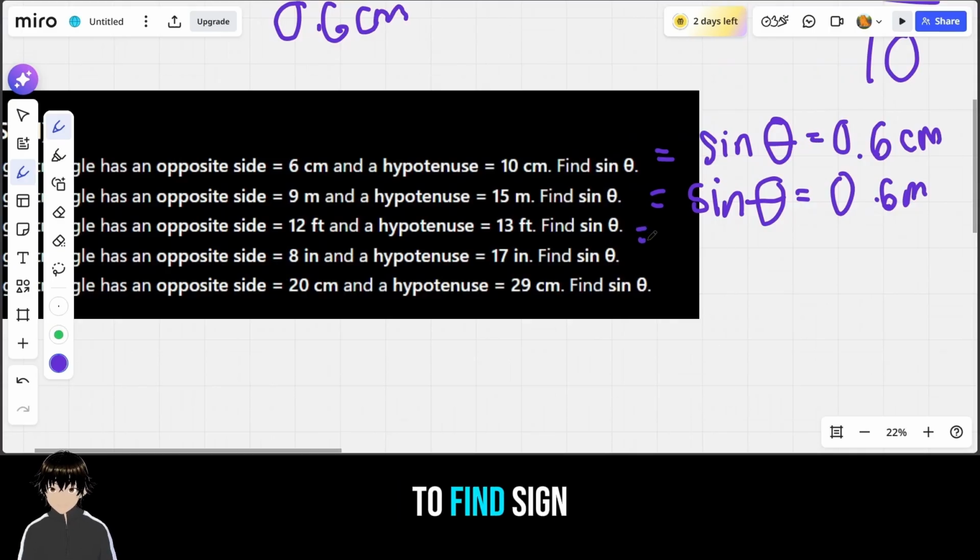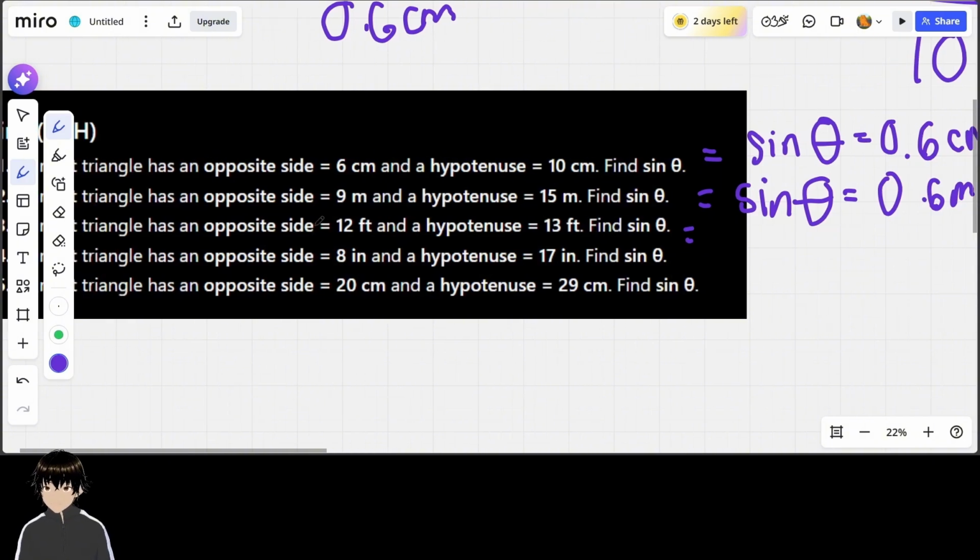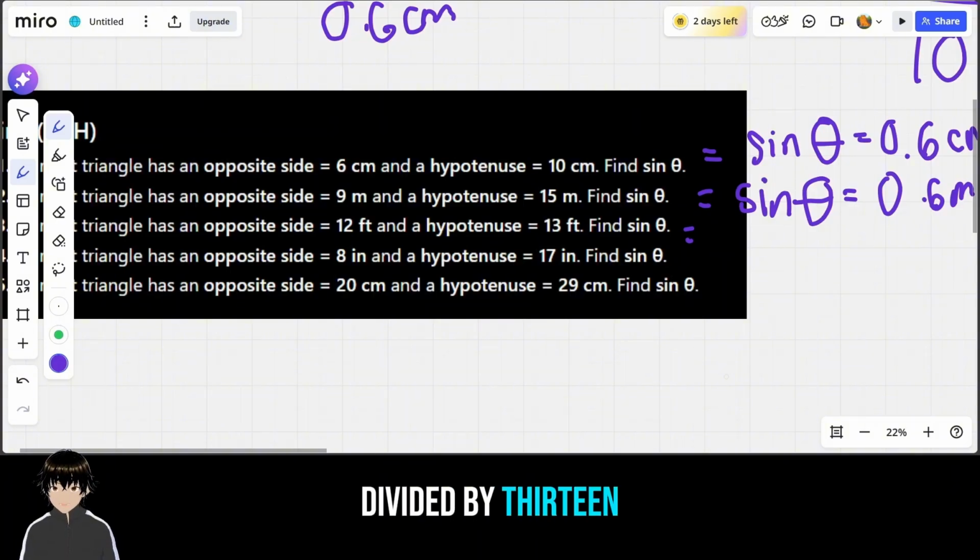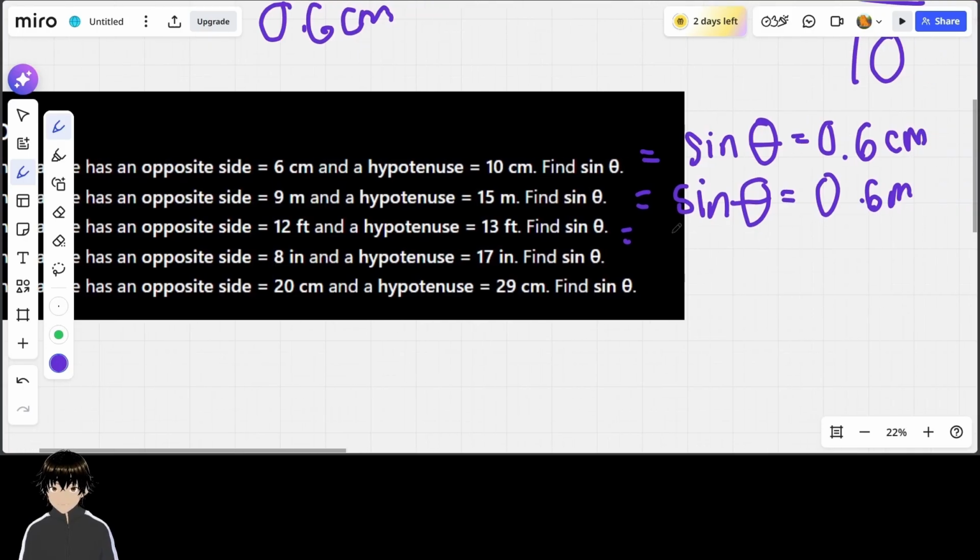Now we're trying to find sine. The opposite side is 12 feet and the hypotenuse is 13 feet. So you just have to divide 12 by 13. Since it's going to be a long number, we can just write 12 over 13.